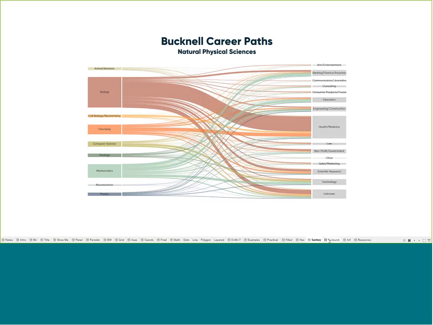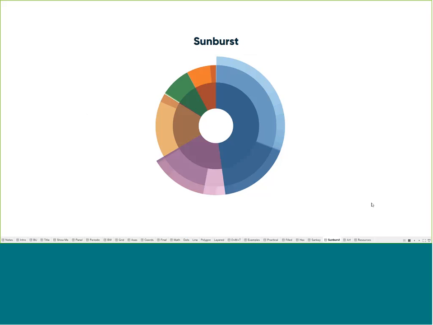One last chart I'll talk about. Personally, I think this probably does not have a lot of use cases in a practical work environment, but there could be cases where this could be valuable. So a sunburst chart is really just a hierarchical chart. It's really a type of tree map ultimately.